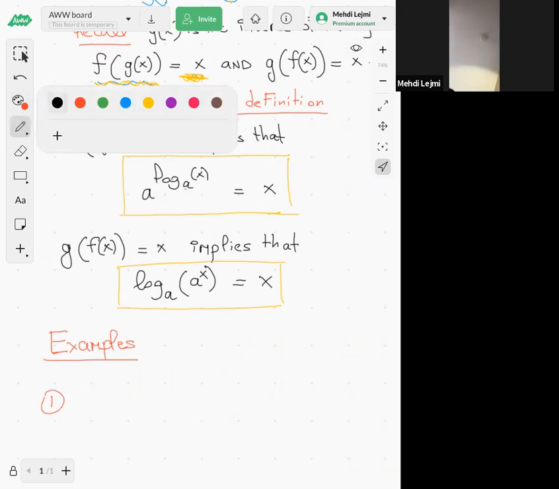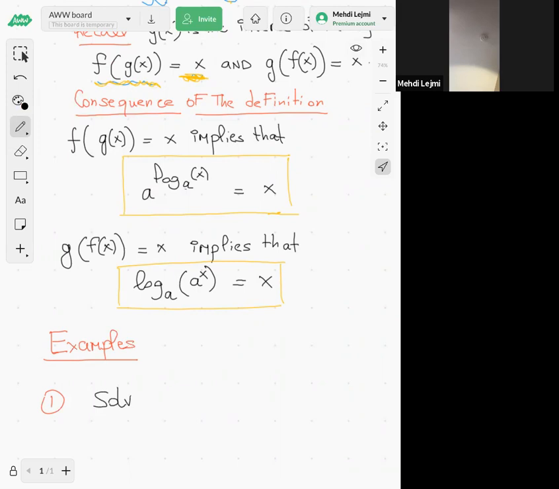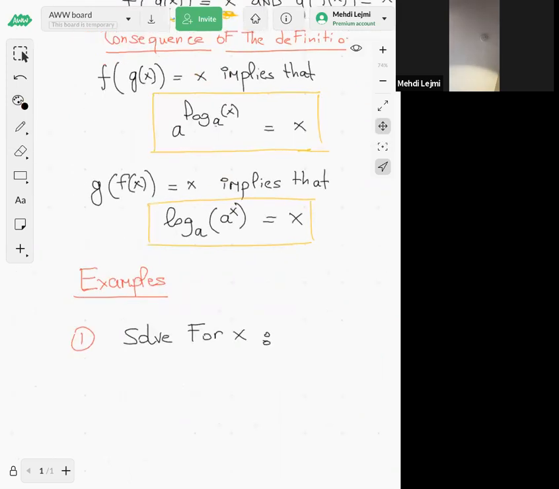Let's say you want to solve for x. Let's say you have log in base 9 of x is equal to 6.